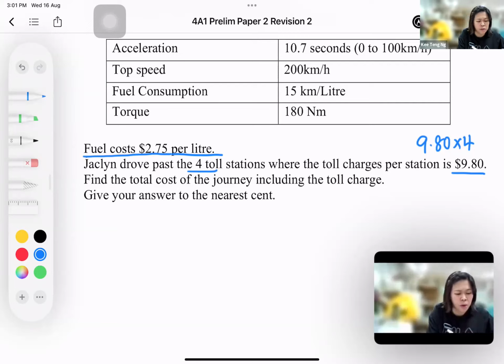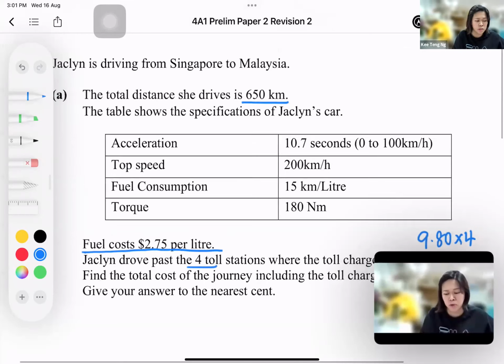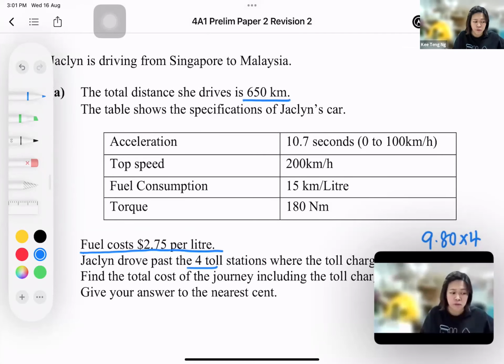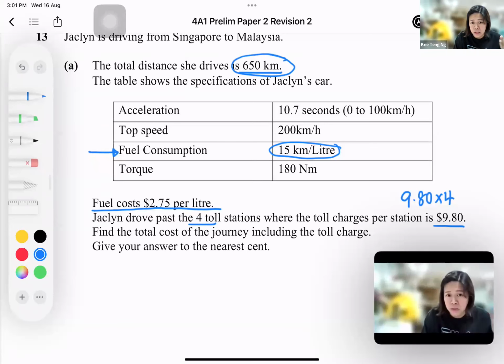Right, but how am I going to find the fuel cost out of this table over here? Which is the one that involves fuel consumption? The one that involves fuel consumption is this one, right? It says 15 kilometer per liter, but I traveled 650 kilometers.